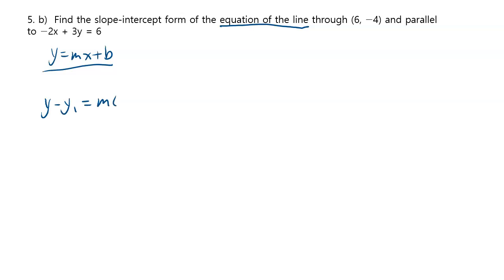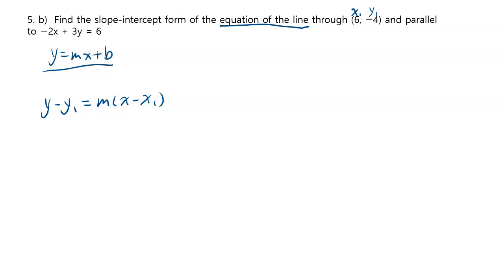This is a very important form, and this pair of x and y values will be our x1 and y1. So when you try to plug things into this point-slope formula, you see that x1, y1 is given, but I have no idea what m is.